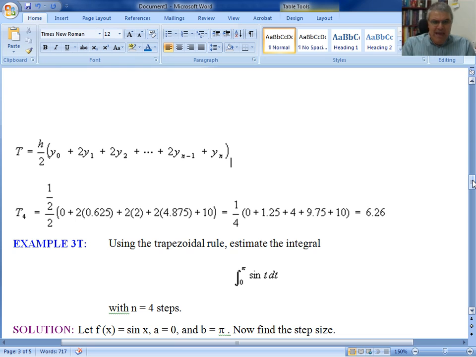In this case, h is half, and h over 2 is 1 over 4th, or a quarter. Y sub 0 is 0. 2y1 is 2 times y1. Remember, y sub 1 corresponds to x1. When we plug x1 into the function, y sub 2 corresponds to x2, and so on.